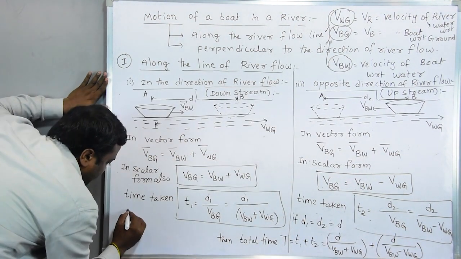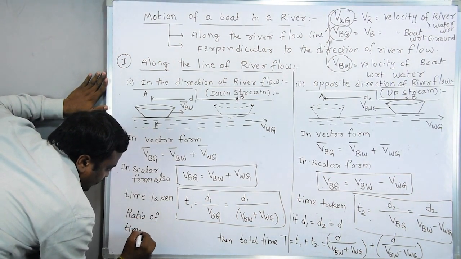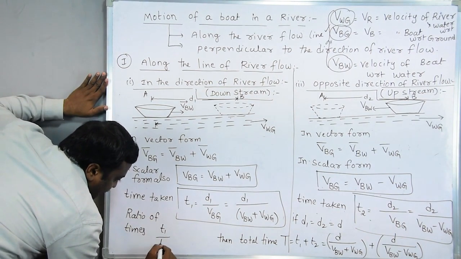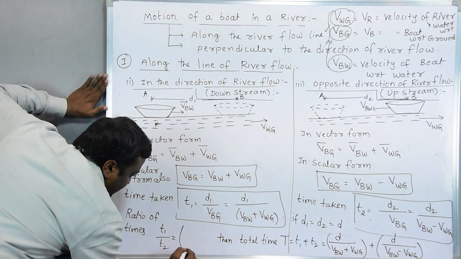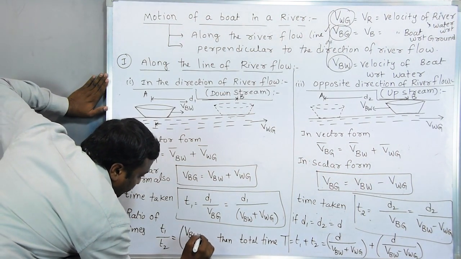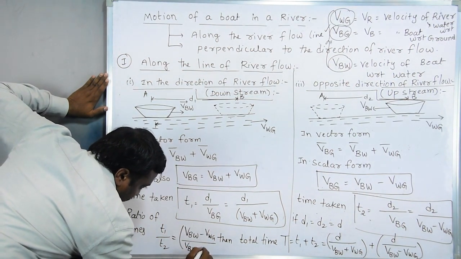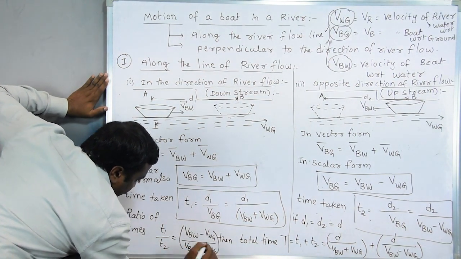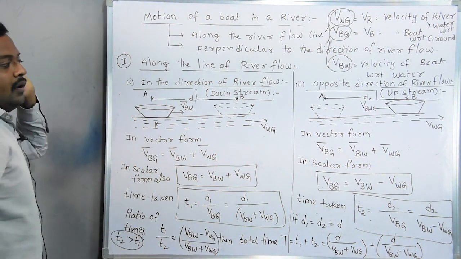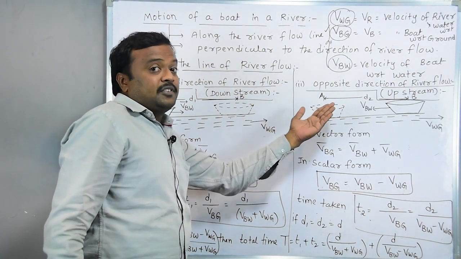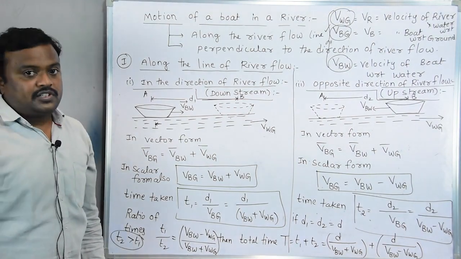And the ratio of times is also possible. The ratio of times taken T1 by T2 is D by this value over D by that value, that is VBW minus VWG divided by VBW plus VWG. From this we can say T2 is greater than T1. The time taken in upstream is greater compared with the time taken in downstream.